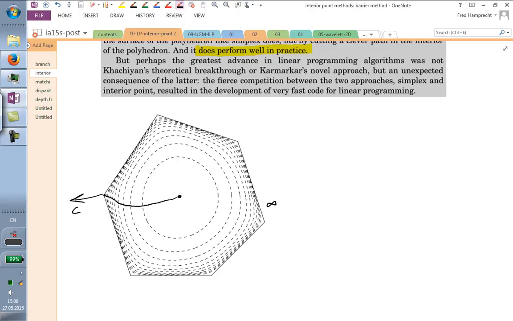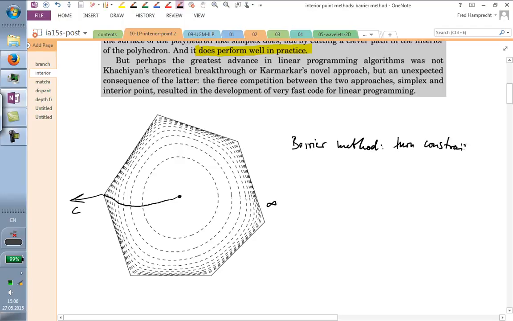Okay, and so what this barrier method does at heart is that it turns a constrained linear problem into an unconstrained nonlinear problem.